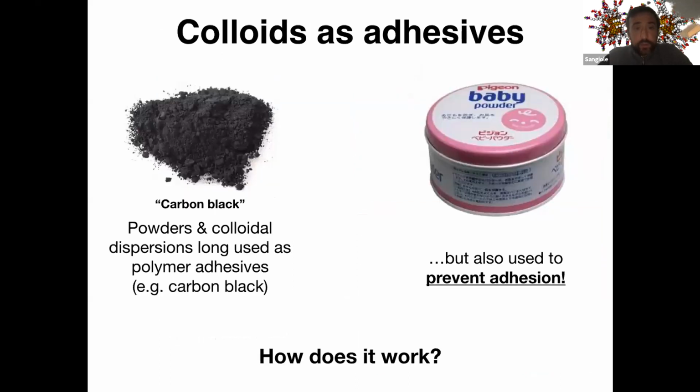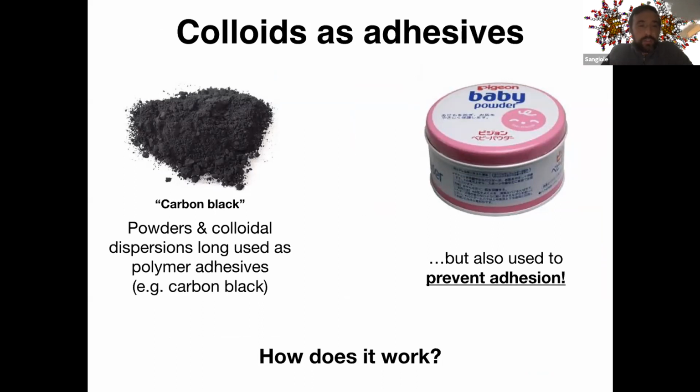Okay, so now one of the peculiar things about this is that the idea of using nanoparticles, or more generally colloids, as adhesives is not new at all. It comes from quite a long time ago, but things are pretty peculiar because colloids have been used both as adhesives and also to prevent adhesion.